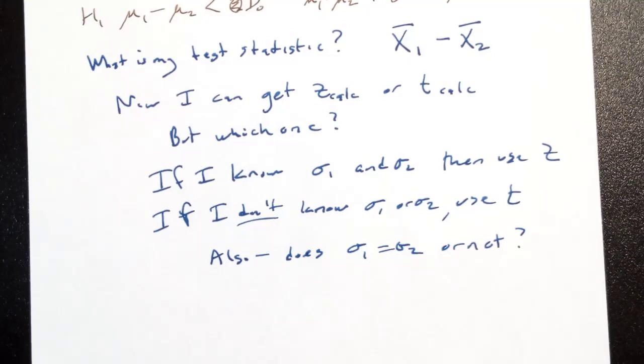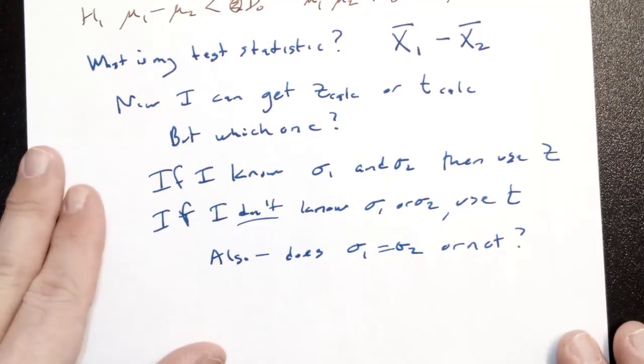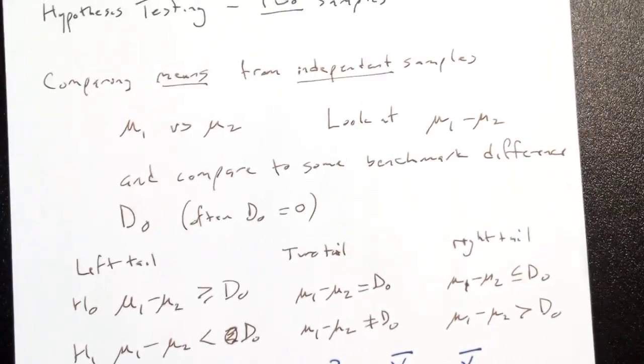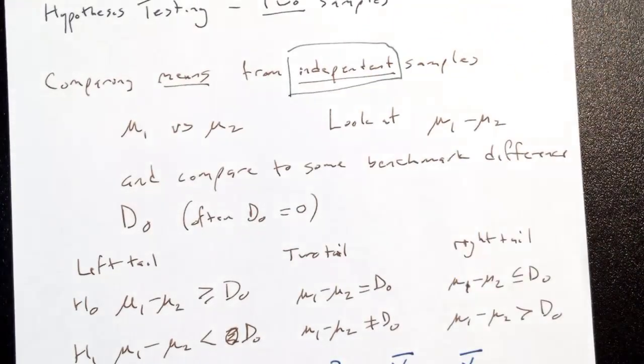Now, that population variance, if that's known, I'm going to want a z-score. But I did say something up at the beginning of this description back here that I haven't really figured out what that means.